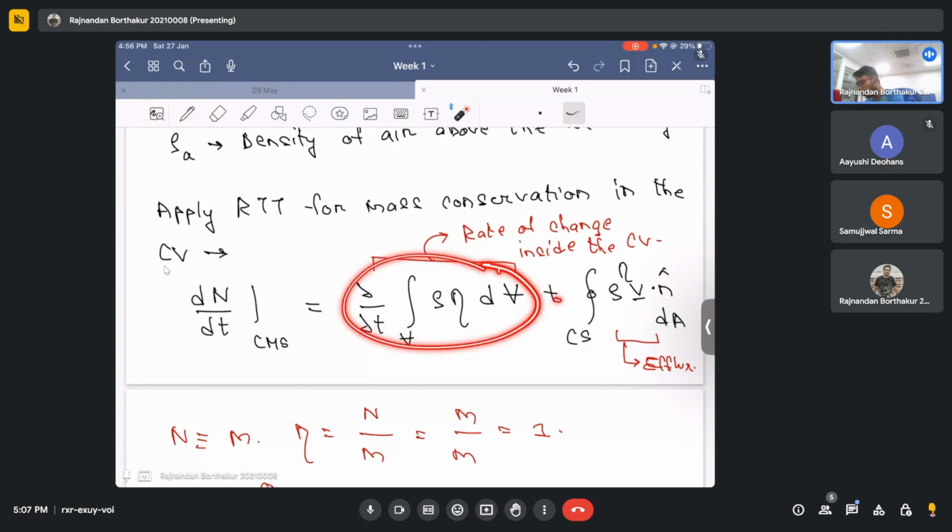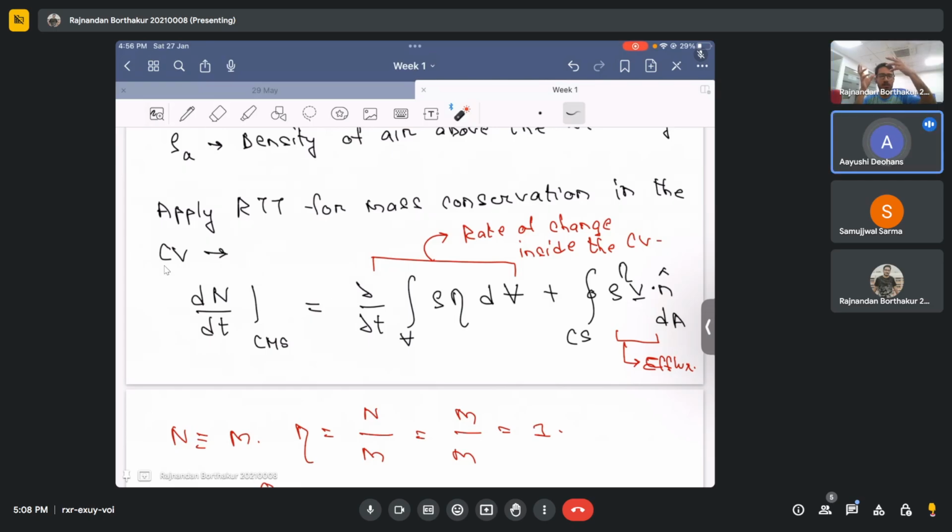Now there will also be one term which is dm air by dt. But since the air is trapped inside the container, the air mass cannot change with time. So that would go to zero, irrespective of the choice of your control volume.